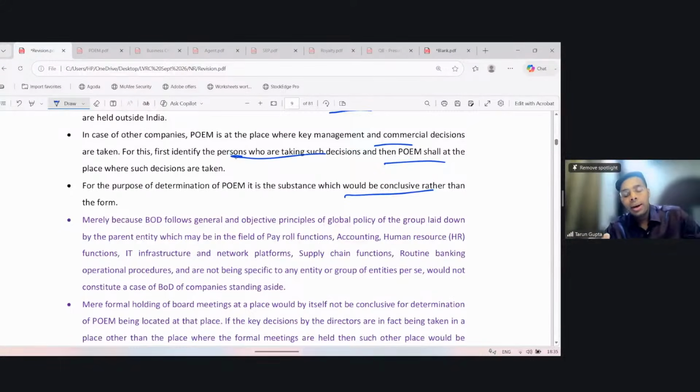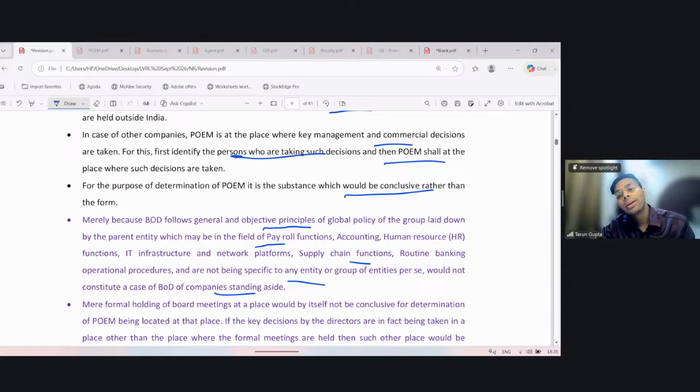Okay. It says that merely because the board of directors follows general objective principles of global policy of the group laid down by the parent entity, which may be in the field of payroll, accounting, human resource, IT, network and supply chain, and routine banking operations, and are not specific to any entity or group entities per se, would not constitute a case of the board of directors of the company standing aside.